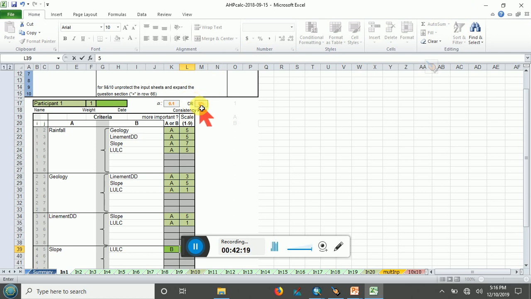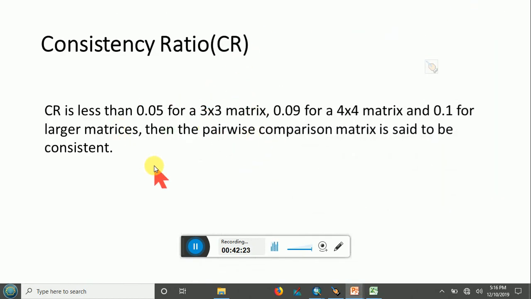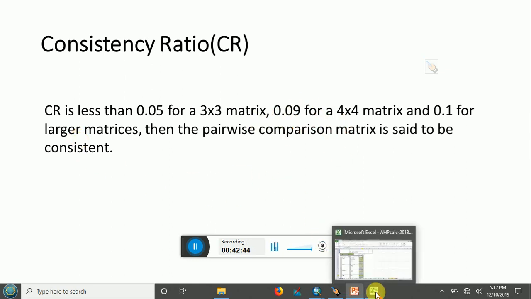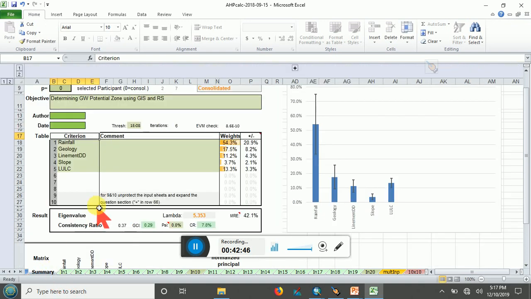So how are you going to accept whether this 8% is okay or not? You have to follow certain guidelines. If CR, the consistency ratio, is less than 0.05 for a 3x3 matrix, 0.09 for a 4x4 matrix, and 0.1 for larger matrices, then the pairwise comparison is said to be consistent. So in our case, how many matrices do you have? It is just 4x4, yes?